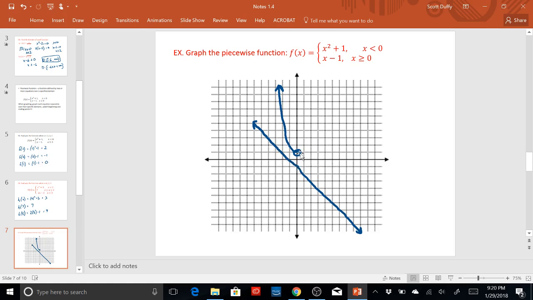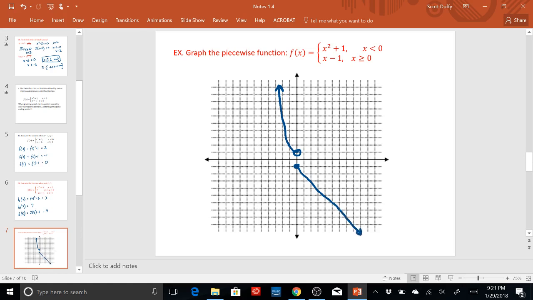So I have to erase all of that. And since it's equal to 0, I'm going to put a closed dot there. Make that line as straight as I can.